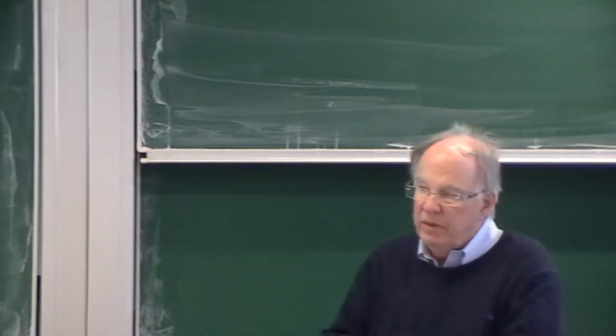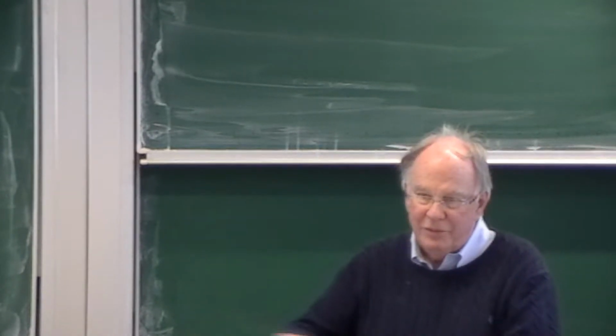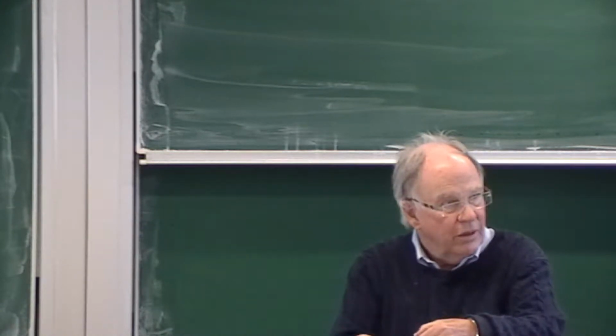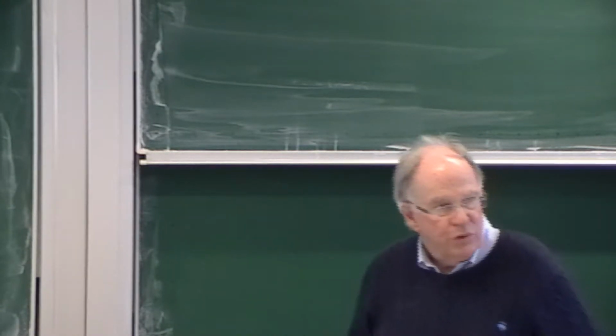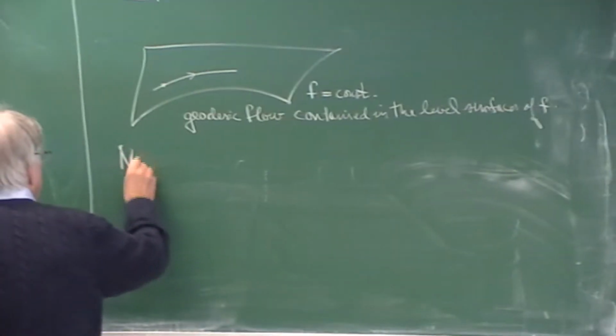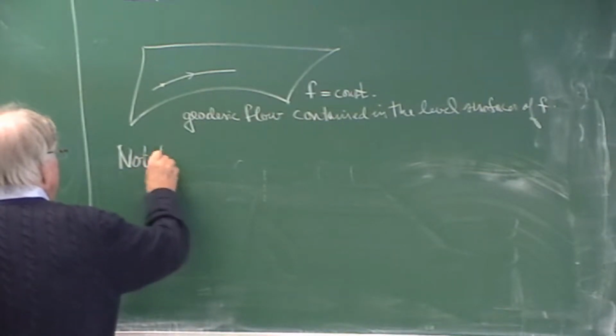And it's not so clear. Maybe the geodesics are not global, right? So what I mean is, at least locally, it's a solution to this ODE of the Lagrange equation. So notation, we use the classical notation here.